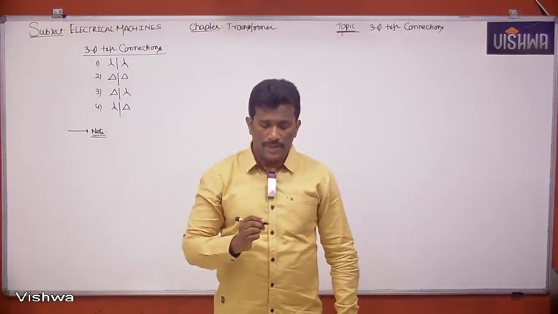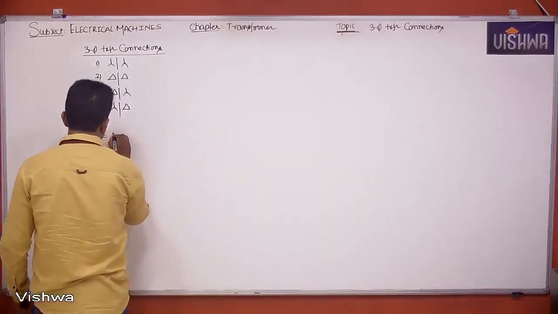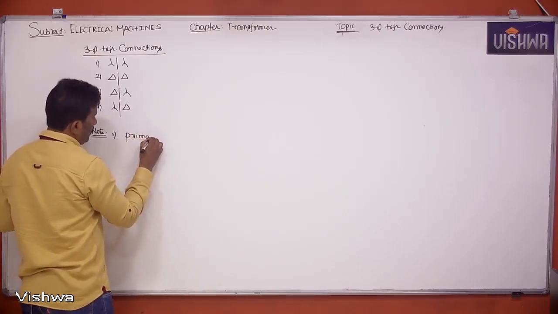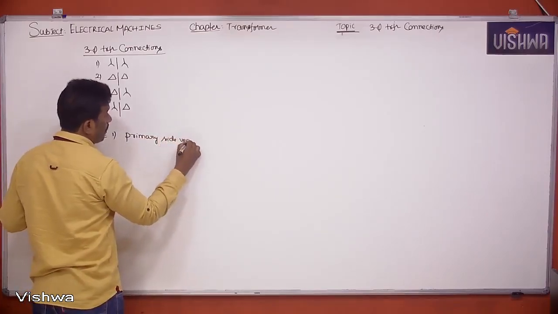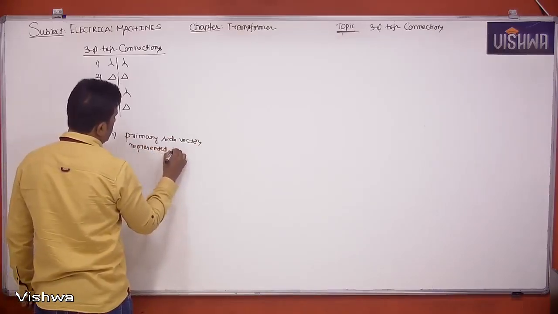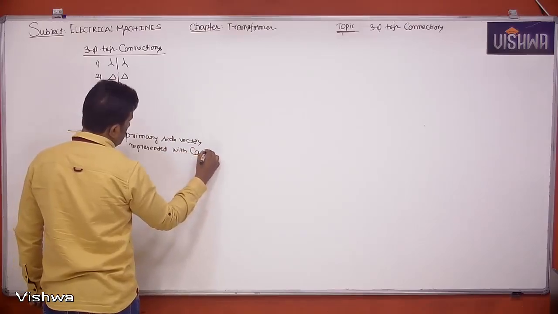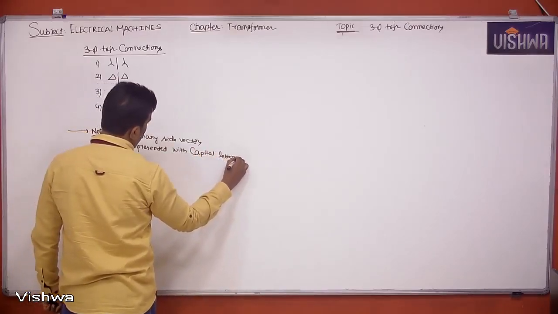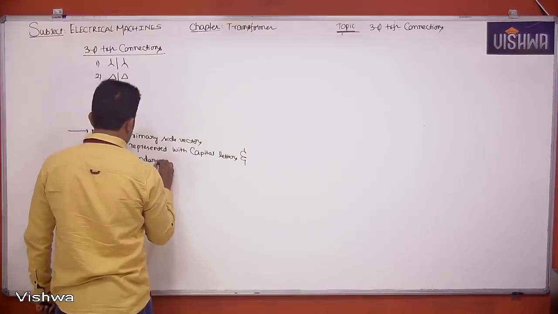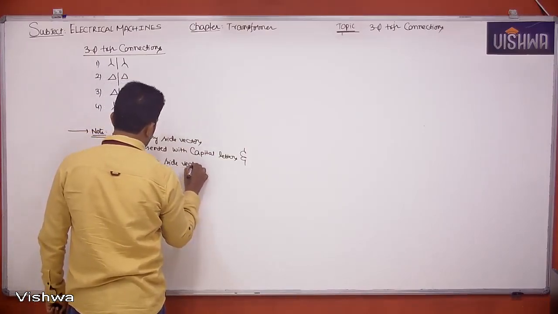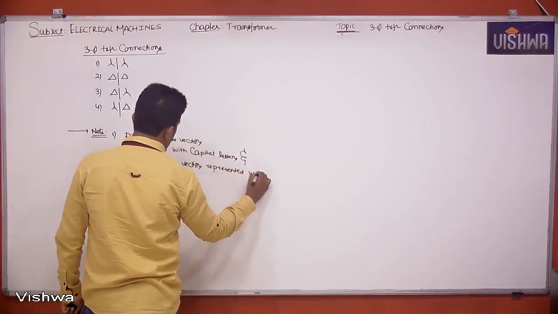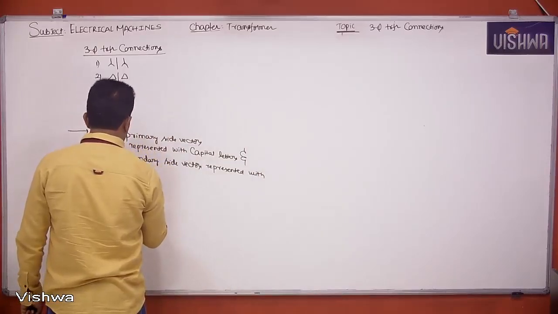As per Indian standards, note one: primary side vectors are represented with capital letters, and secondary side vectors are represented with small letters.